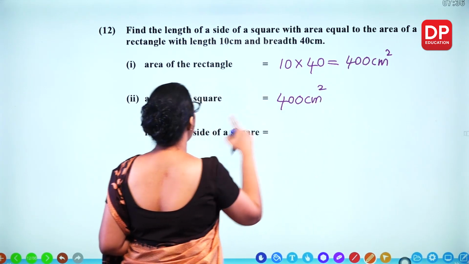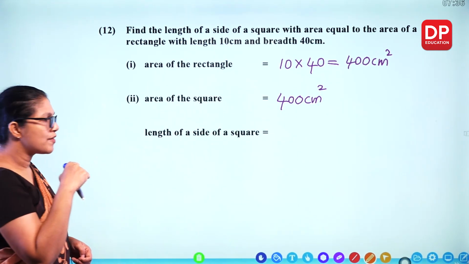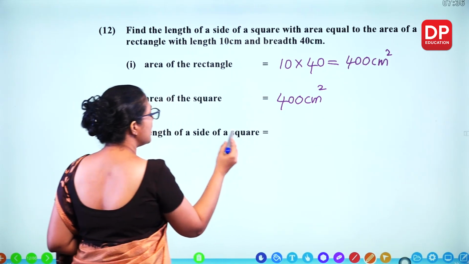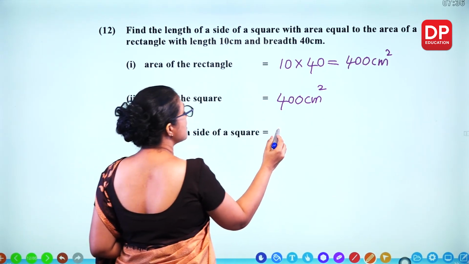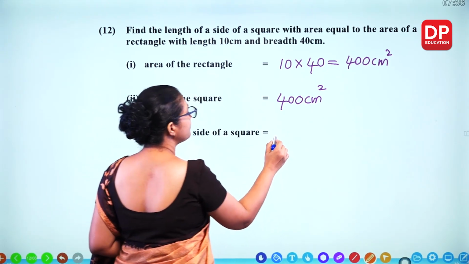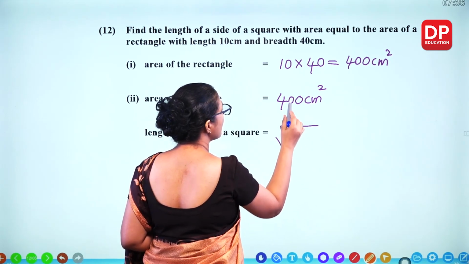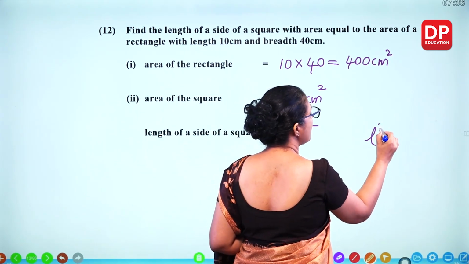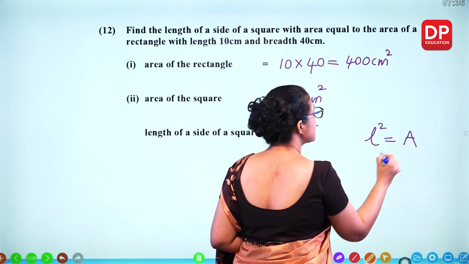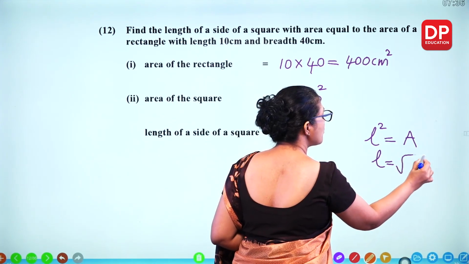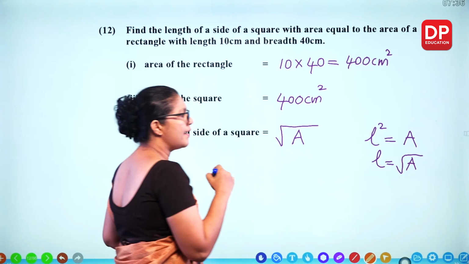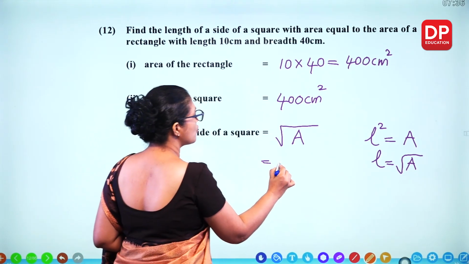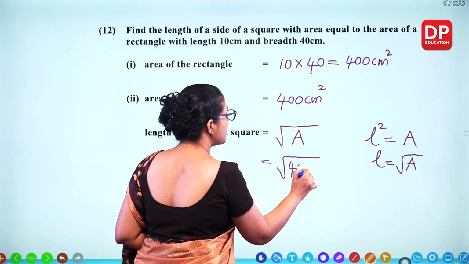So how we find out the length of a side of a square? You have to take, this is length means square root of A. Why? Because L squared is A. So what's L? Square root of A. So we can use square root of 400.